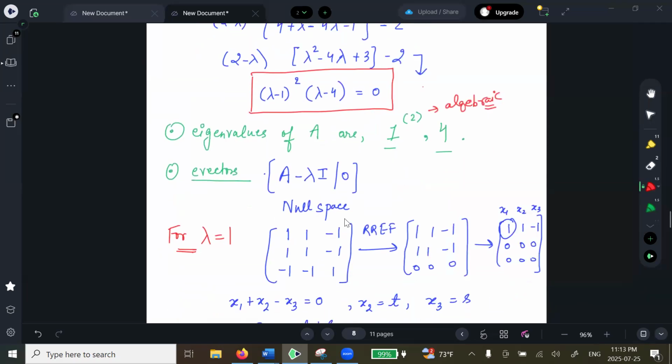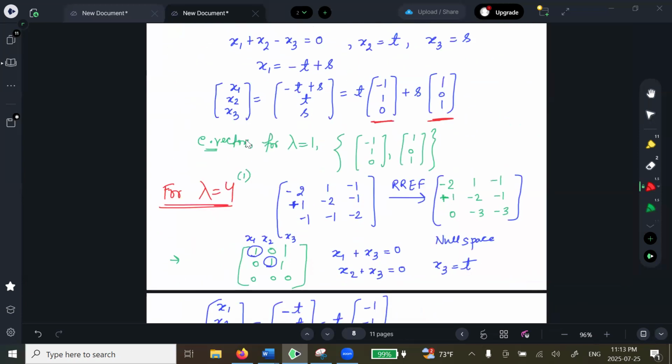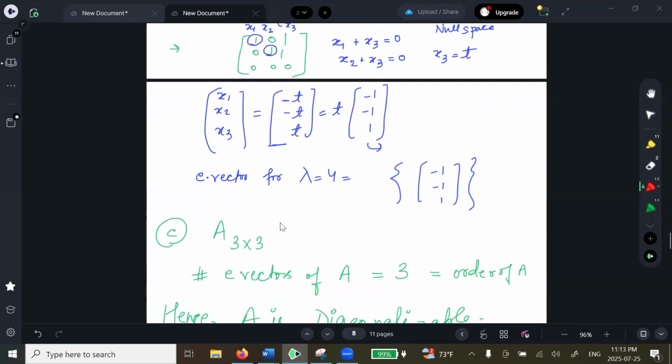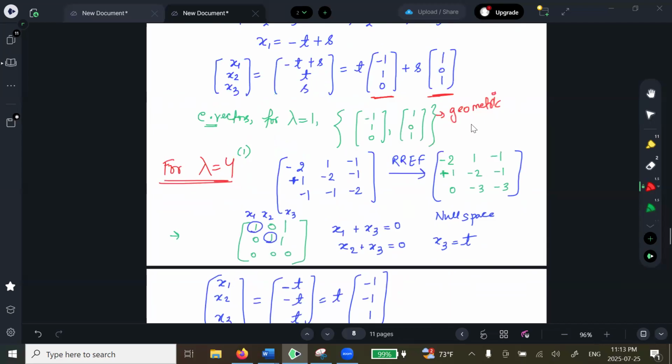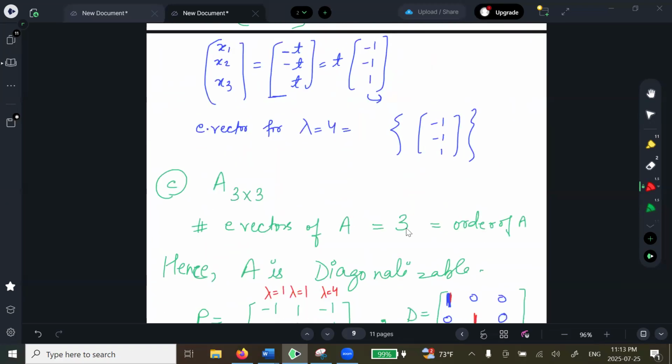The geometric multiplicity is how many eigenvectors lambda equals 1 has. 2. So the geometric multiplicity for lambda equals 1 is 2. And that's how they connect. Sometimes they talk like this also: if the algebraic multiplicity matches the geometric multiplicity, then your matrix is diagonalizable. In other words, you should have the same number of eigenvectors as the order of A. Same thing, right? Does this answer your question, Jonah?